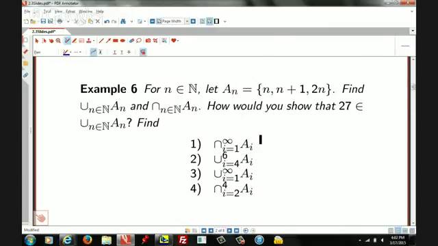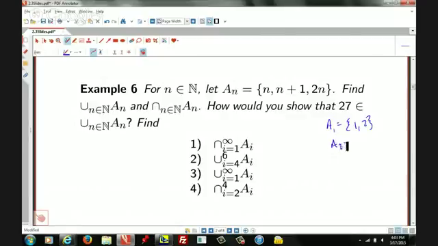So let's look at the set A sub n, n in the naturals, where n, n plus 1 and 2n are in A sub n. Let's look at A1 just so we can get an idea. What would be in our set A1? 1, 2, and 2, which would be {1, 2}.